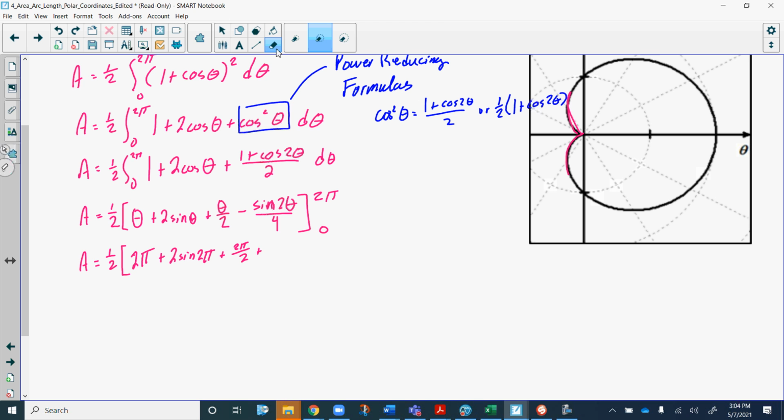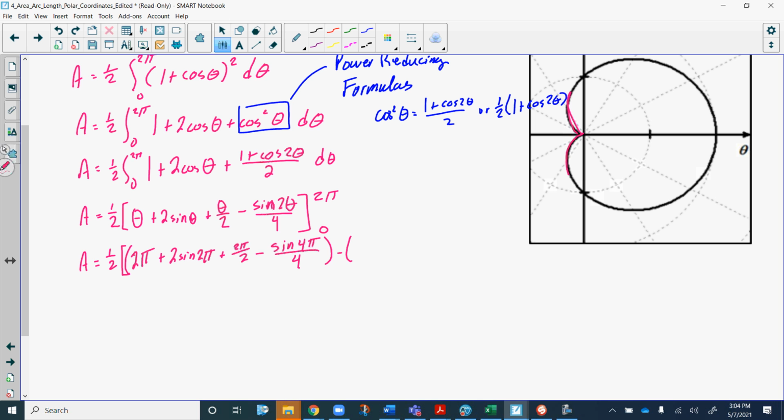Nope, not plus, minus. Minus sine of 2 theta would be 2 times 2 pi, so it'll become sine of 4 pi over 4, and that's the upper bound stuff, all in one thing.